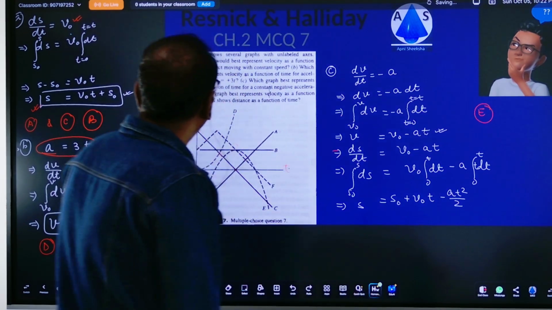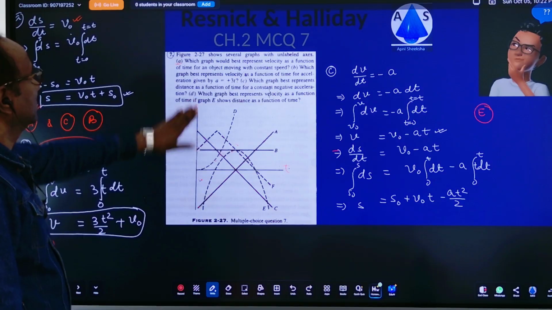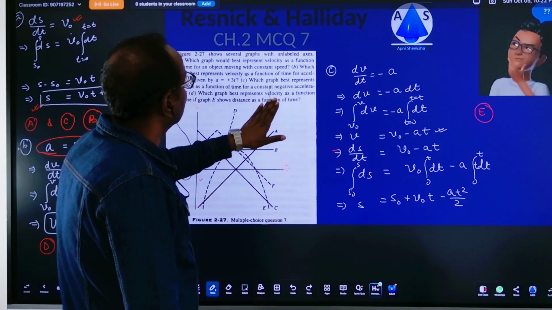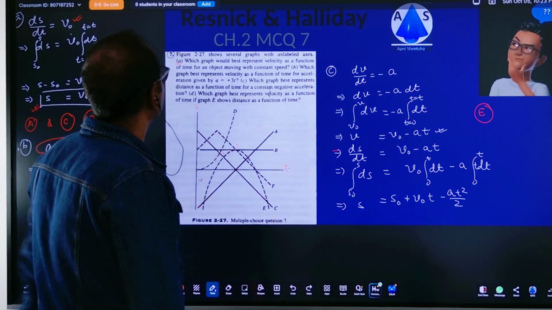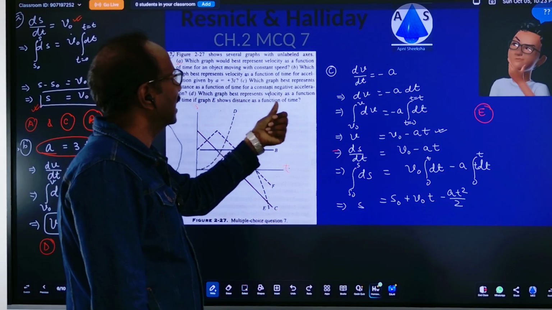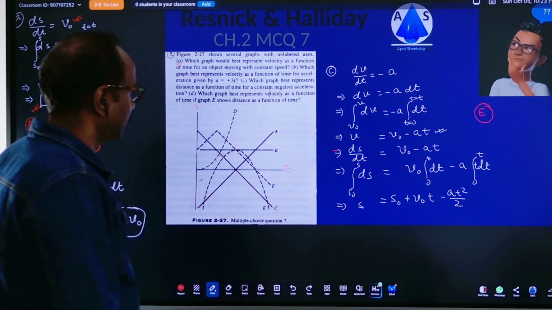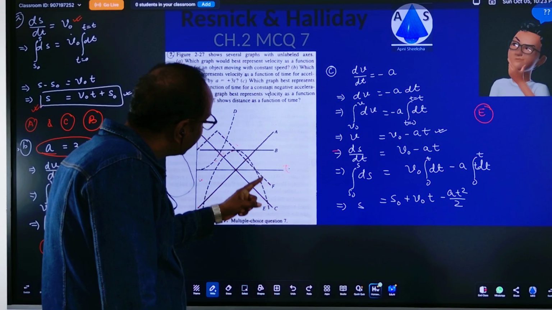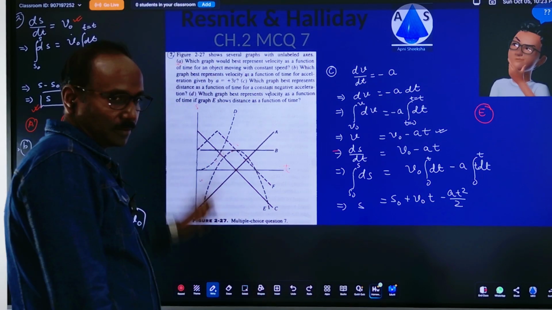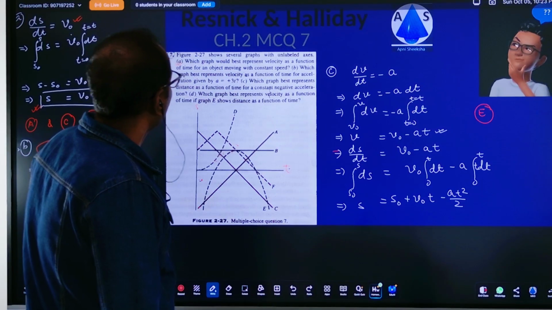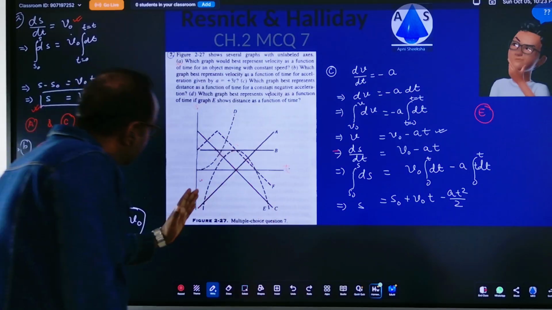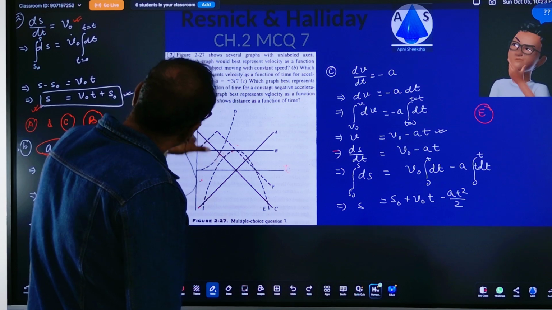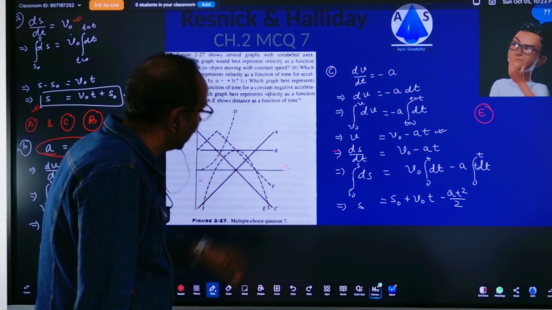Now, in part D, which graph best represents velocity as a function of time if graph E shows distance as a function of time? It is saying if this is the graph, the E graph, again a graph between S and T, means distance in time.